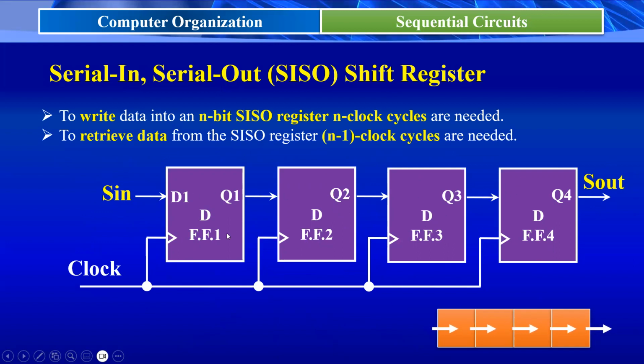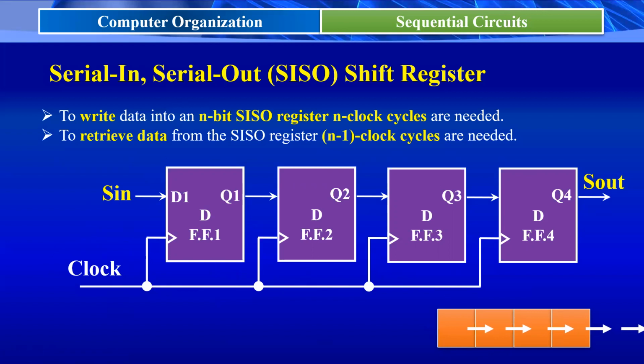Here the data bits are shifted from the left-hand side to the right-hand side by applying clock pulses. The important thing about this SISO register is, you can assume, friends, this is an n-bit SISO register.